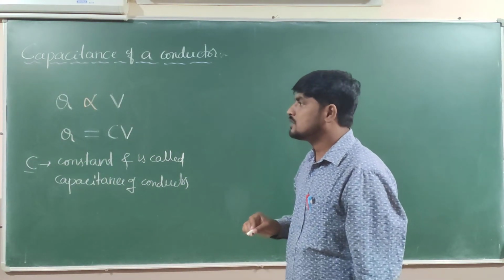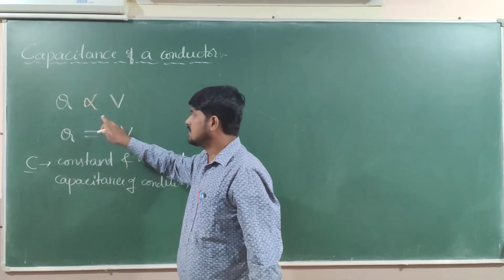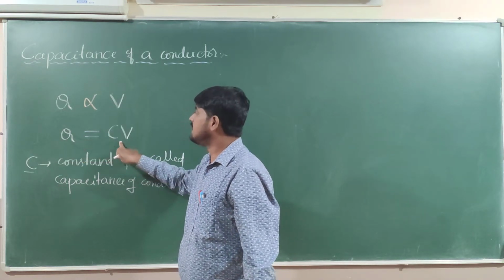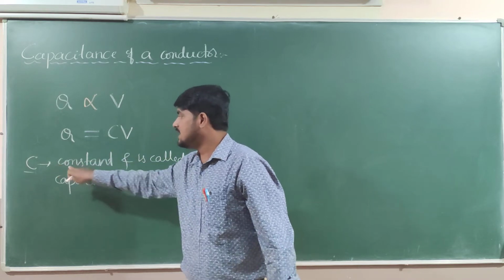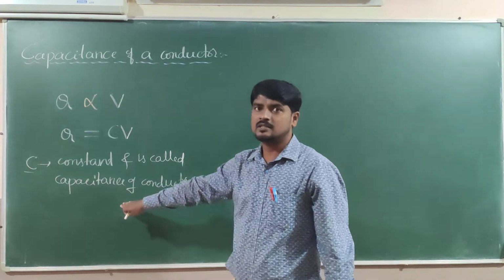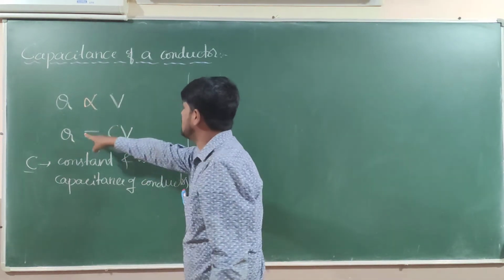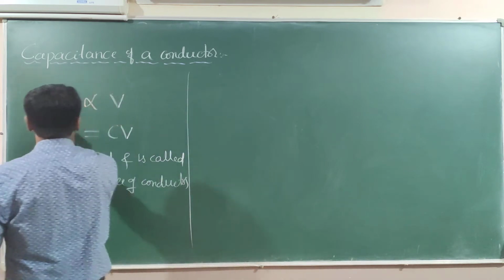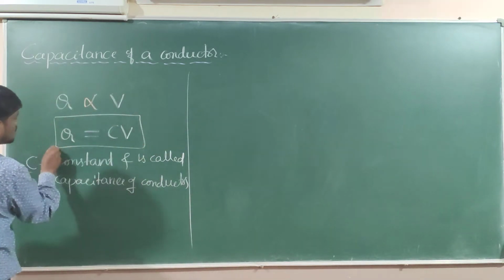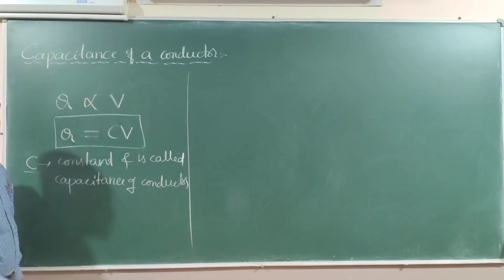One thing we understood here: if Q increases, then V increases. If Q equals CV, then C is the proportionality constant, called the capacitance of the conductor. This is one more very fundamental equation which we have studied. So now we understood Q equals CV.